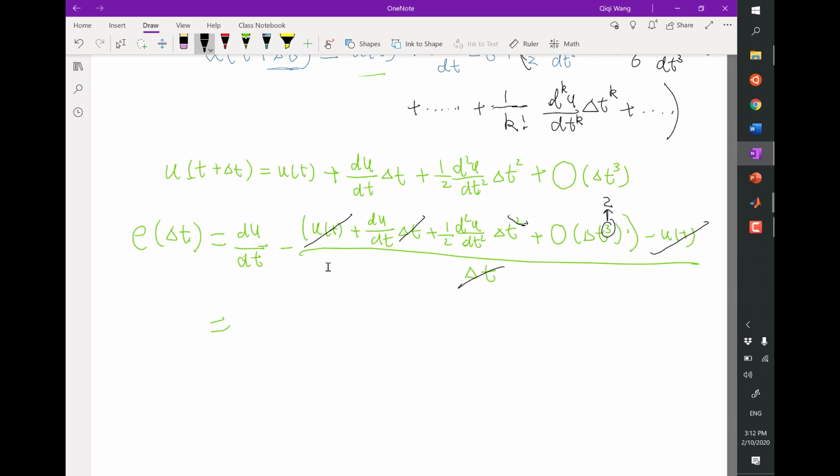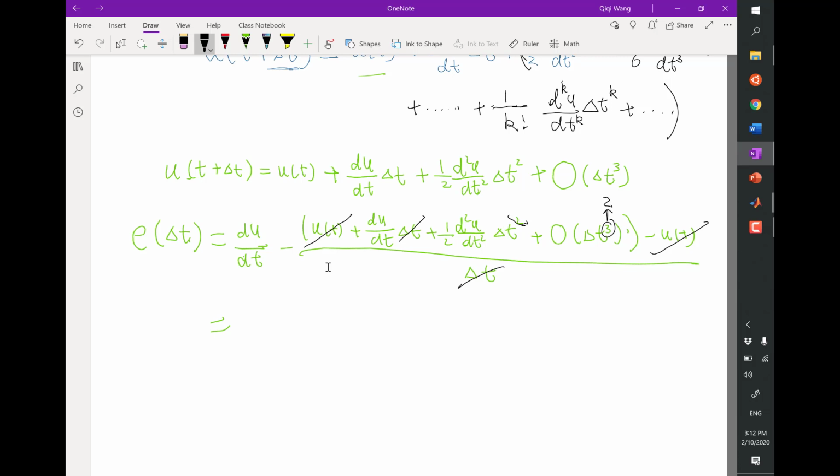If I have a big O notation, if it's big O delta t cubed, that means all the polynomials delta t cubed and higher. If I divide the entire polynomial by delta t, what do I get? I get polynomial terms proportional to delta t squared and higher. So if I divide O(delta t cubed) by delta t, I get O(delta t squared), right?